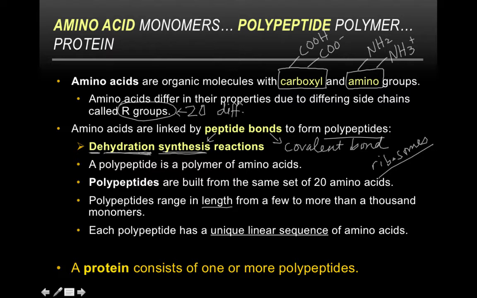Every polypeptide will have a unique linear sequence of amino acids, and ultimately that will determine how it folds, the shape it takes on, and ultimately the protein that is formed. Keep in mind that a protein has a very specific three-dimensional shape due to folding, and every protein consists of one or more polypeptides, our initial polymer.